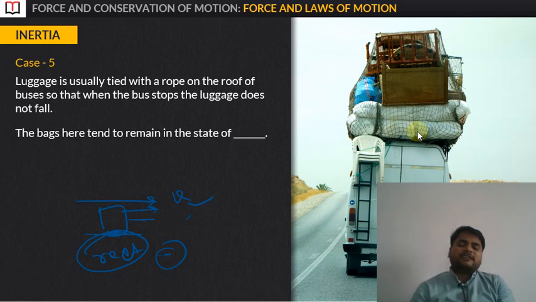So at an instant, this part was at rest and this part was in motion. So it means its inertia of motion was getting changed. That's why the object fell down in the forward direction. So here the bag tends to remain in the state of motion.